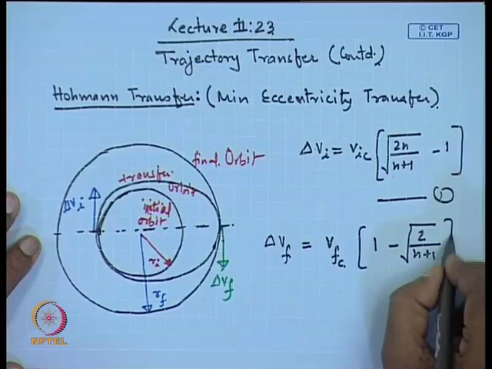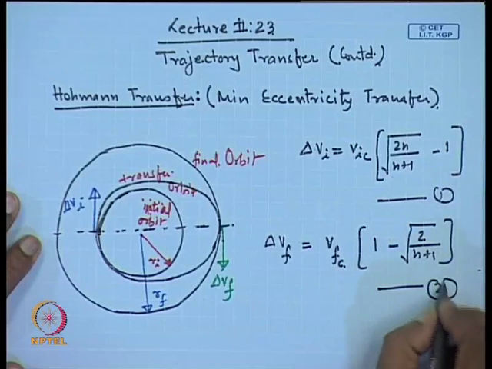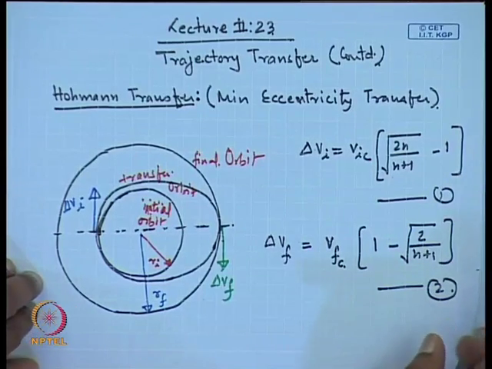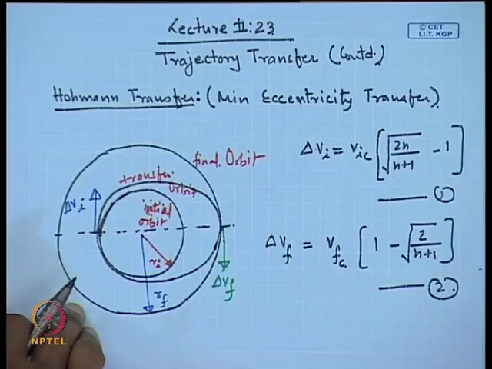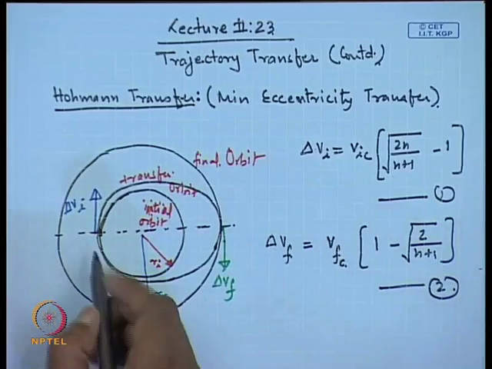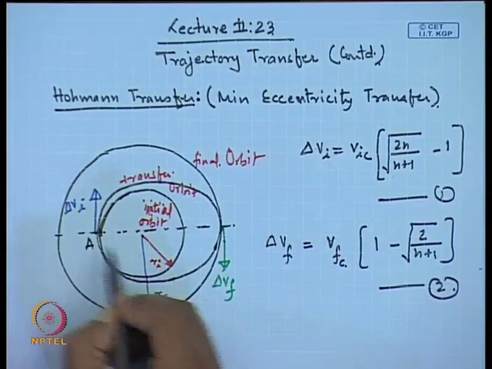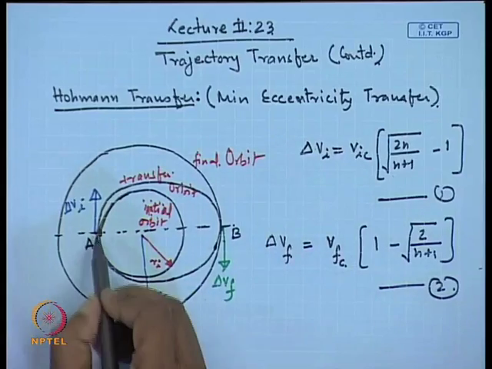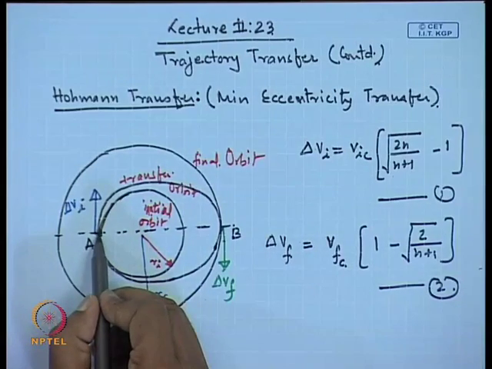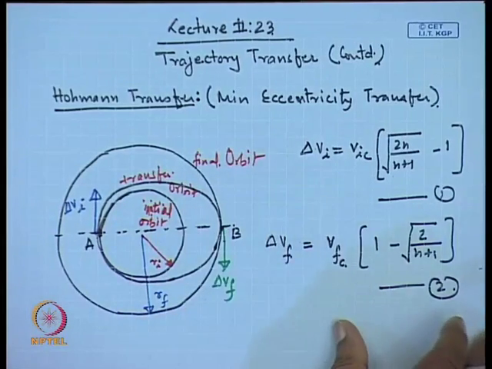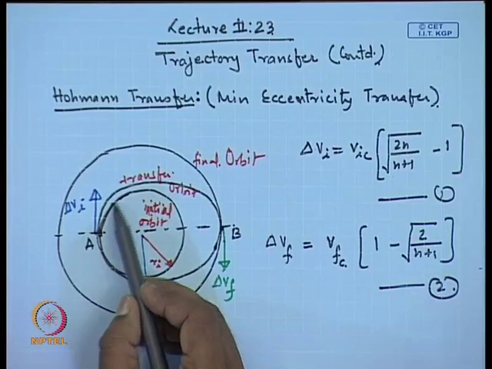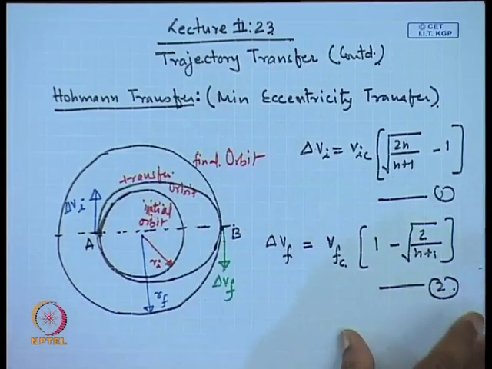This is our equation number 2. So, these are the two impulses required here in place A, and this is the place B. This is the perigee of the elliptical orbit, and this is the apogee of the elliptical orbit. If we give these two impulses, it will put the satellite from the initial circular orbit into the final circular orbit.